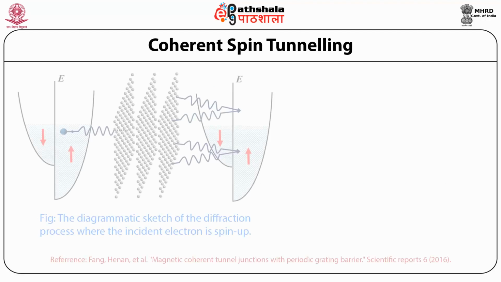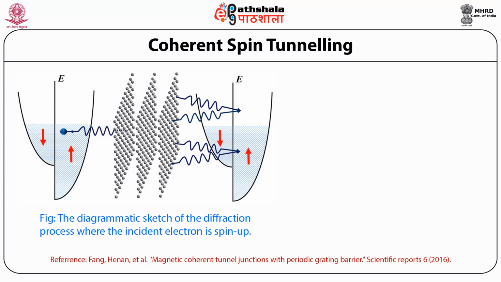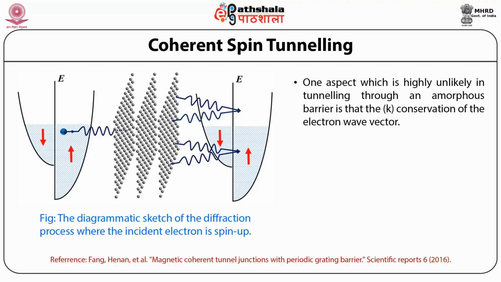Let us discuss coherent spin tunneling. The schematic sketch of the tunneling process where the incident electron is spin up has been shown in the figure. One aspect which is highly unlikely in tunneling through an amorphous barrier is K conservation of electron wave vector.